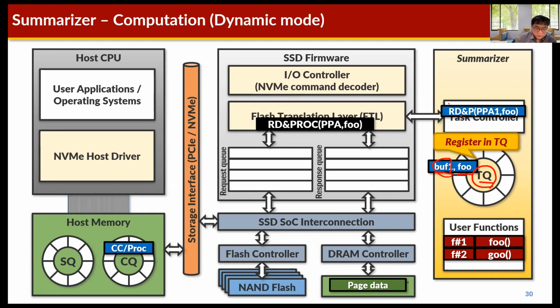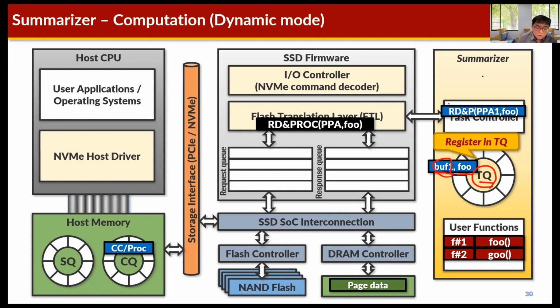In the normal mode, the page data is transferred to the host memory with the DMA protocol. Once the transfer is done, the completion code is registered in the completion queue on the host system.